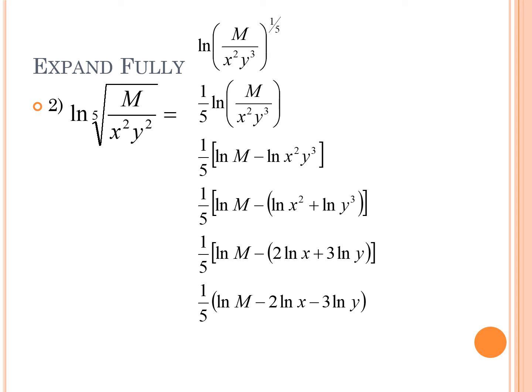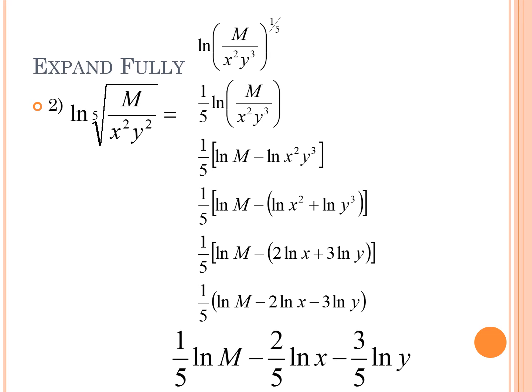And our last step, we just distributed the 1/5, and here we have our answer. Now this is multiple steps. I know it seems a little tedious, and you might have done them a little bit differently. If you got to the same final answer, that's fine. But it's going to be helpful to be able to split these out and manipulate these logarithms as we move forward.